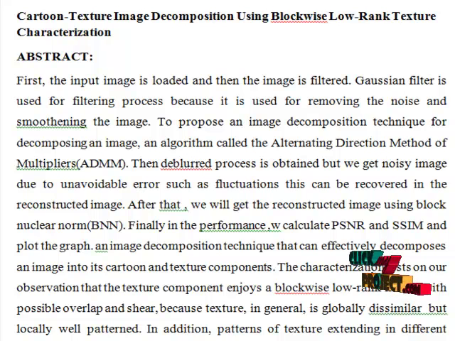To decompose the image, we propose an image decomposition technique using an algorithm called ADMM, which means alternating direction method of multipliers. Then the deblurred image is obtained, but we get a noisy image due to unavoidable errors such as fluctuations.